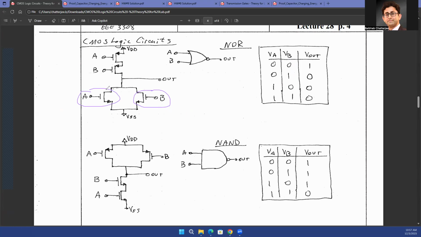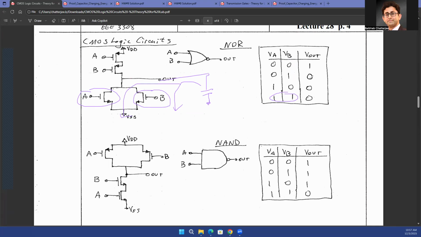Now, if you put them in parallel, that means that if either A is a digital 1 or B is a digital 1, that corresponding switch is going to be on. And in that case, the output capacitor is going to get discharged through either one of those switches. And when both of them are on, of course, it will get discharged through both of them.